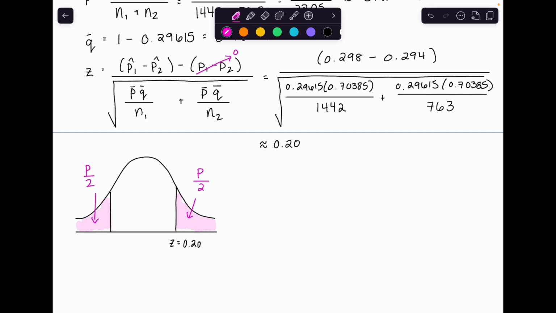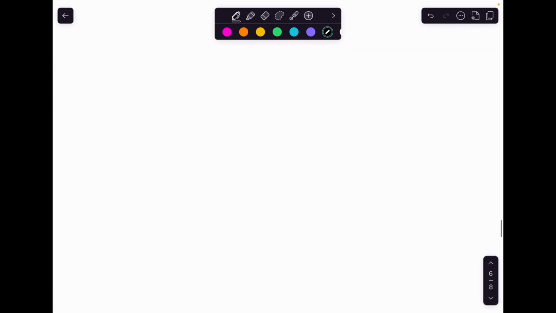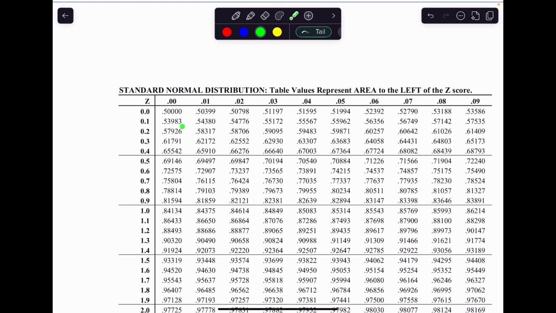So here, the area to the left of 0.20 is the following. So moving on to my Z tables, the area to the left of 0.20 is 0.57926.